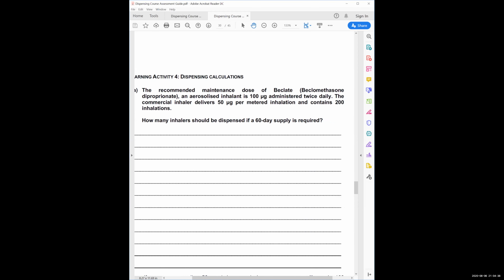So if you have someone who's got asthma and you need to prescribe for them, you have to prescribe 100 micrograms, which should be given twice daily, right? So the commercial inhaler, but when you buy it, there's a difference between the dosing that is required.